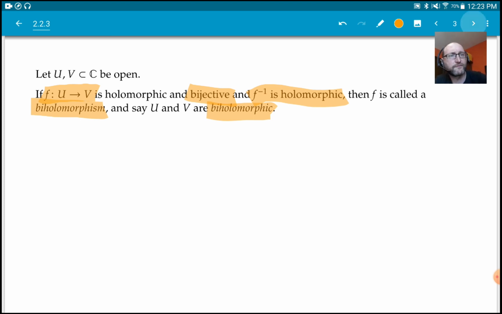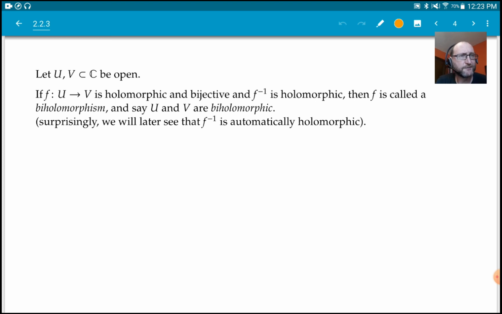So basically, if you want to study the function theory on some domain, you can just study it up to a biholomorphism. So it's really a change of variables, right? So surprisingly, this is something I will show later.